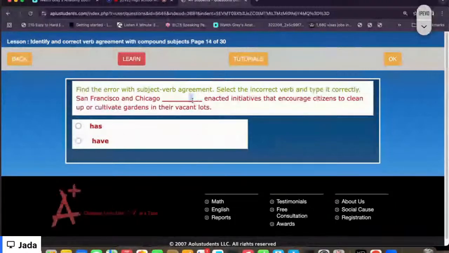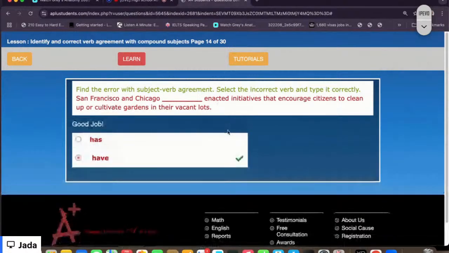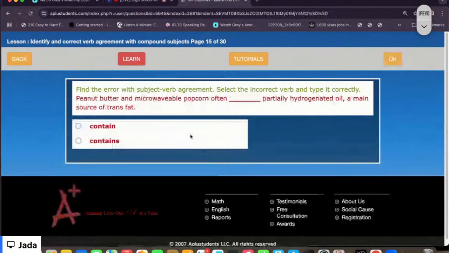So what do you think is the right one? Has or have? Have. Okay.